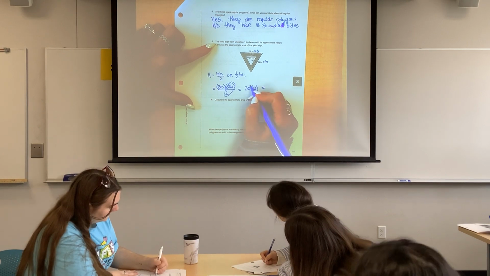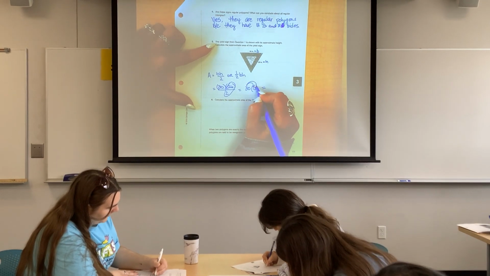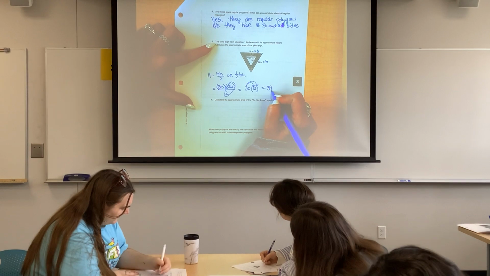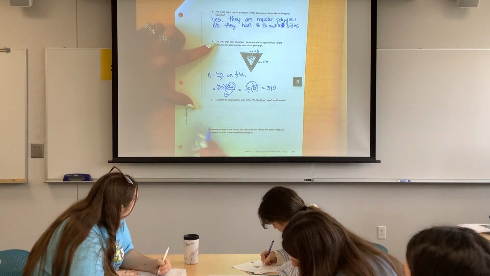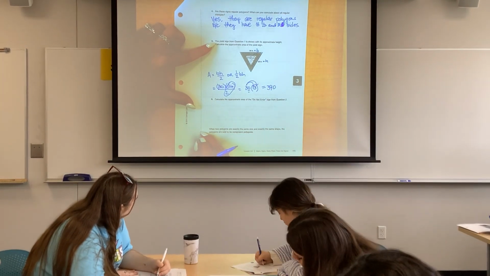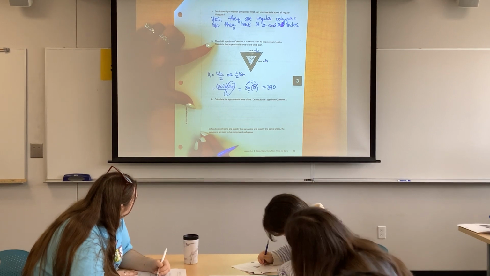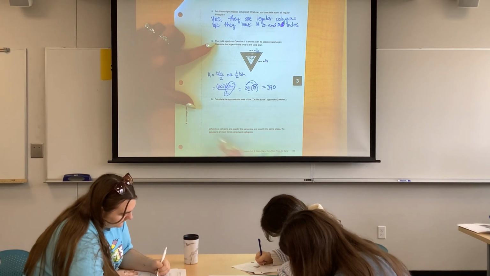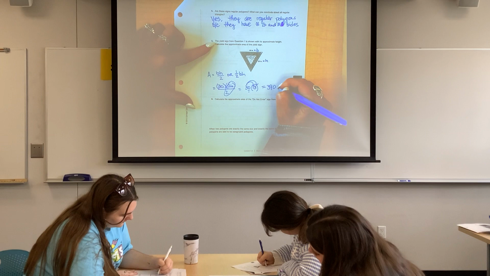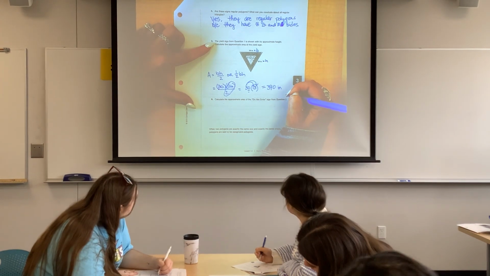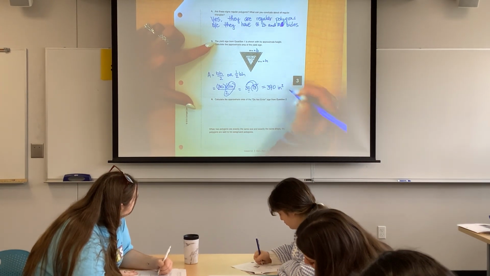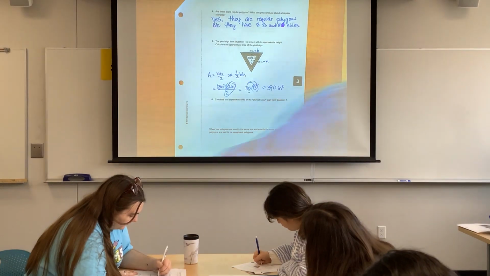So that becomes 3, 9, and 0. So, what are we measuring in? Inches. And area is always square units, okay?